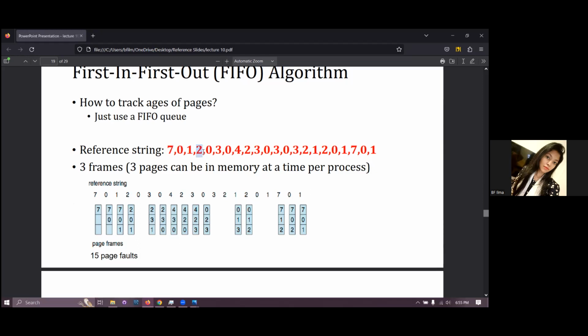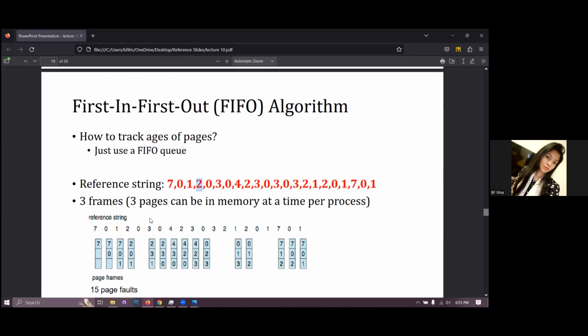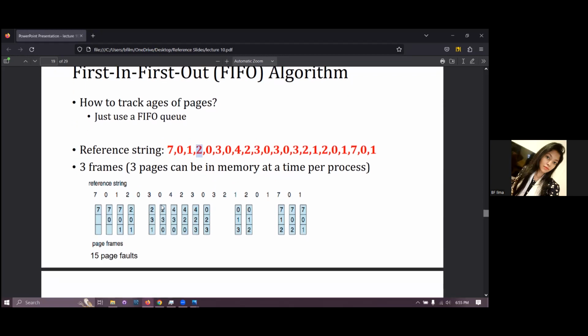Now when 2 comes, we don't have any free slot available. Therefore, we have to figure out what to replace. In first in, first out, this is basically a queue. We take out the page that came first, which in this case was 7. So we take 7 out, put 2 in.